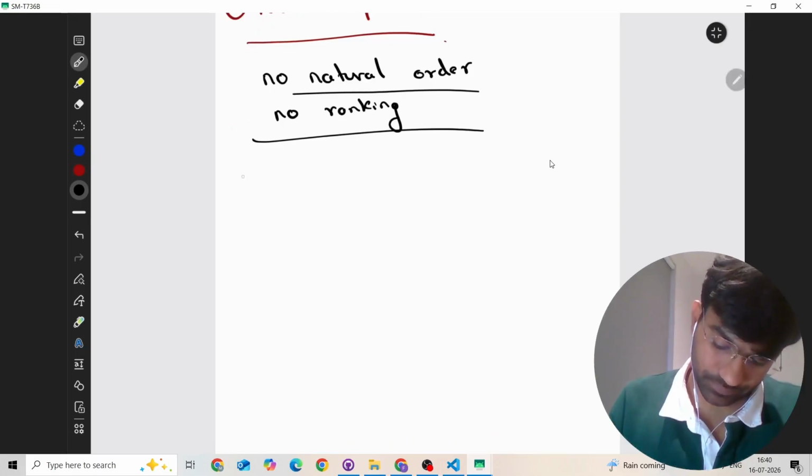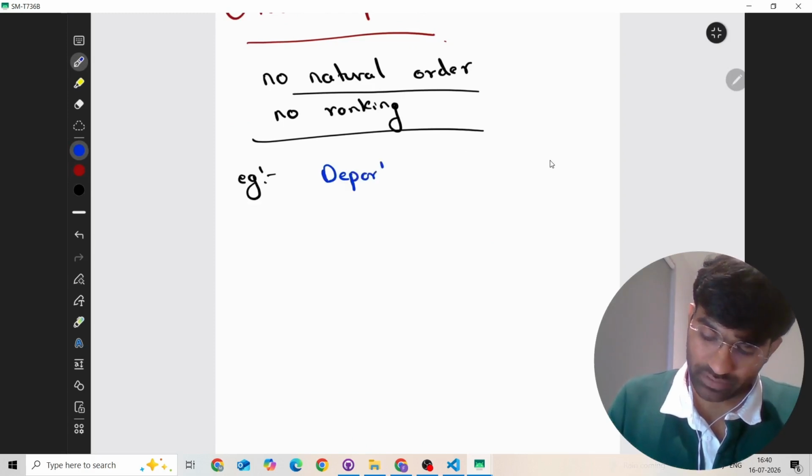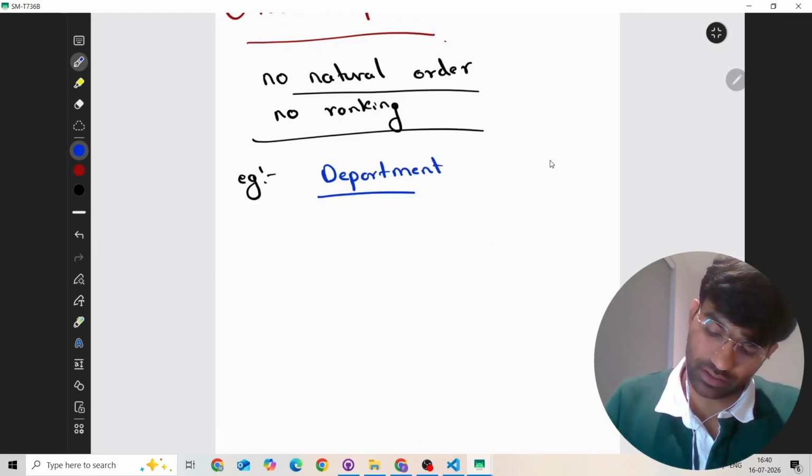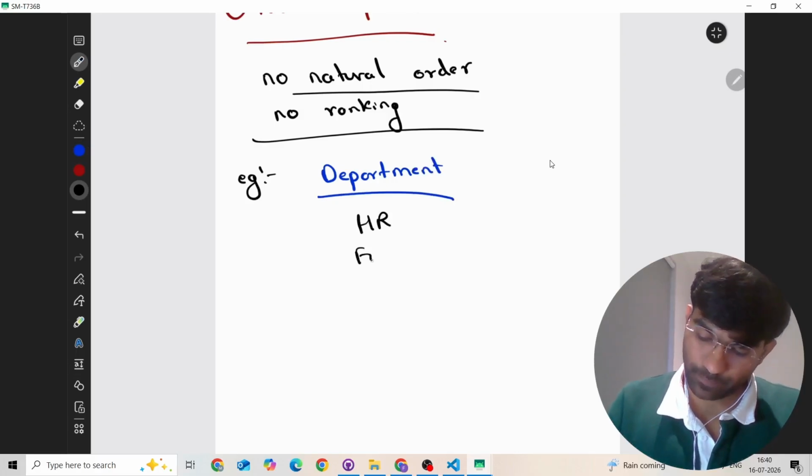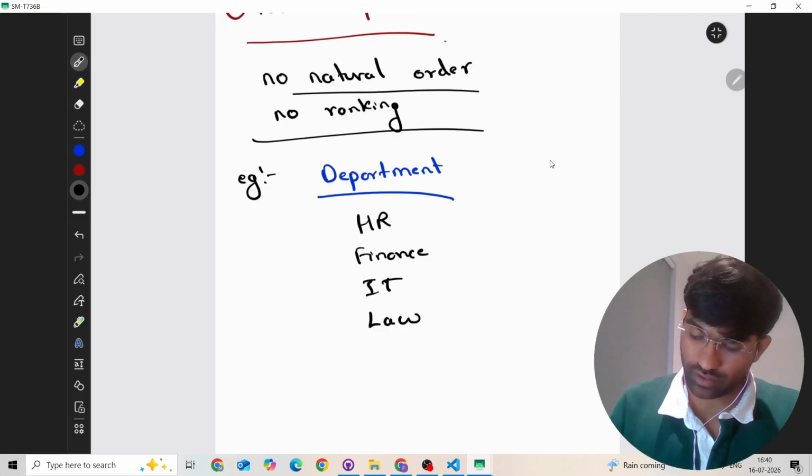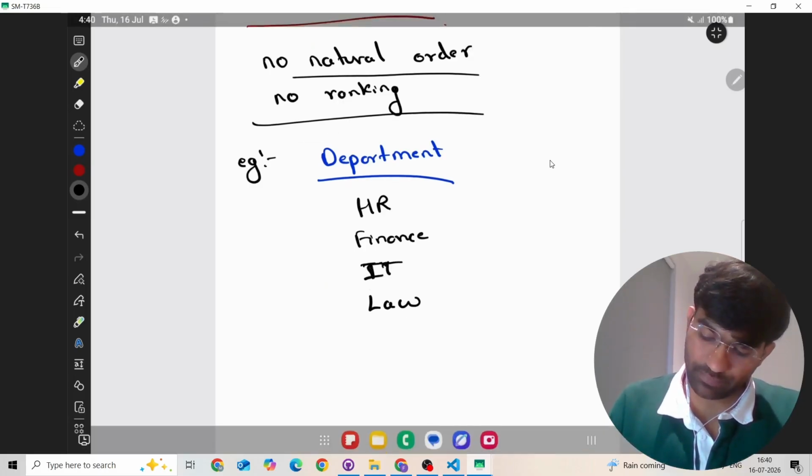Example, I will give you the example of department. This is my categorical column and this has values HR, finance, IT, law. These are the different departments I have.